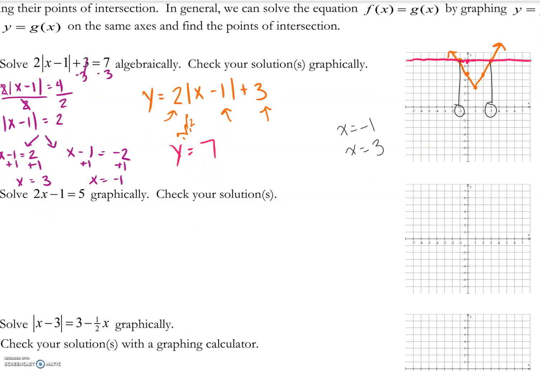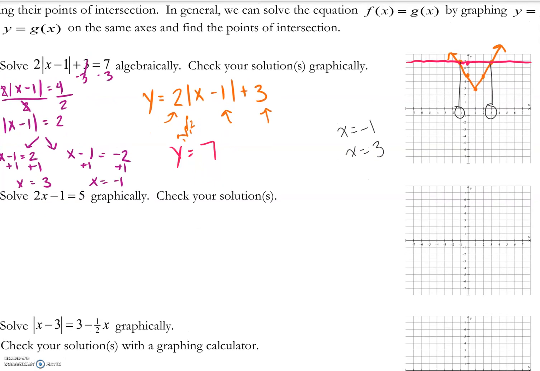So let's try the next one. I want to solve this equation graphically first and then check my solutions algebraically. If I want to graph this one, this 2x minus 1 is just a straight line with a slope of 2 and a y-intercept at negative 1. So we'll start at negative 1, and then my slope is up 2 over 1.